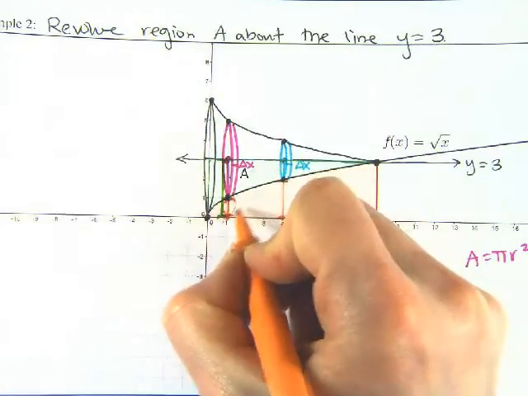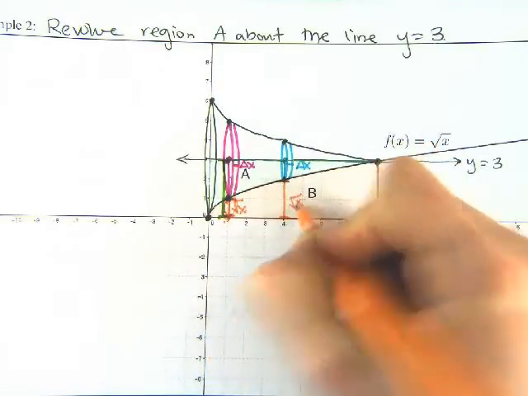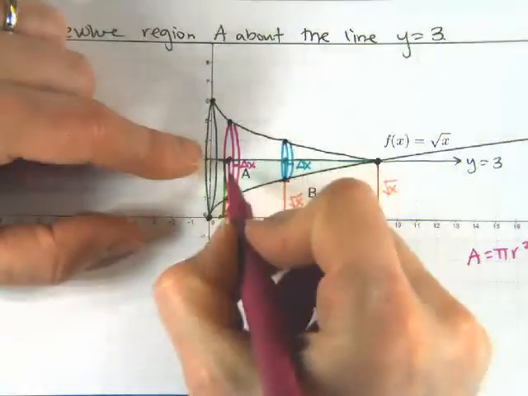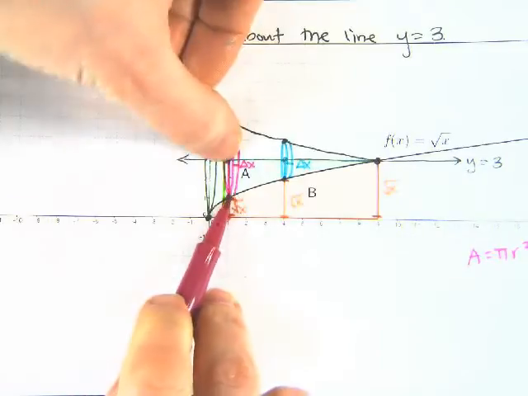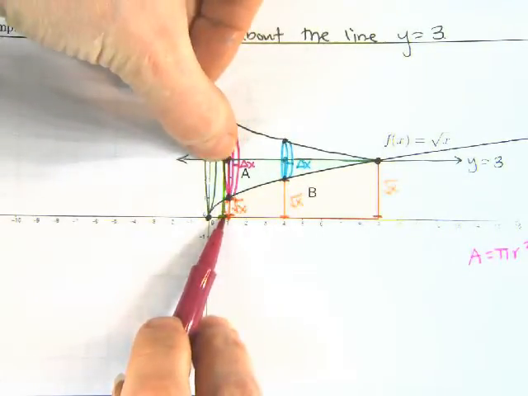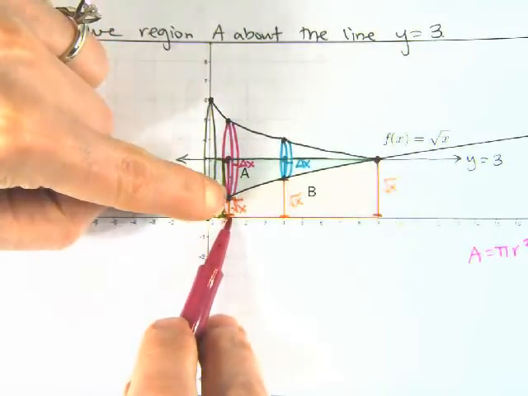So I'm going to call that, well, it's really root x, isn't it? These y values are root x. So I want this distance right here, that distance. The total length is 3. I don't want this piece. What are we thinking?